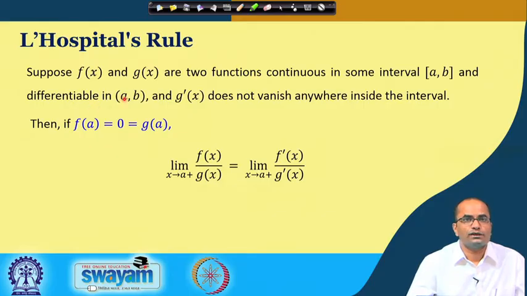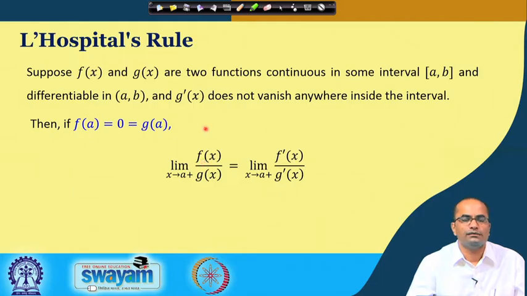And in addition to those conditions, if we have f(a) equal to 0, the function taking the value 0 at a, and the second function g also taking the value 0 at this point a, then we will see in the proof of this L'Hopital rule that if we want to evaluate the limit as x goes to a from the right-hand side, the right limit of f(x) over g(x), this ratio, which directly we see here, since f(a) is 0, is like a 0 by 0 form.